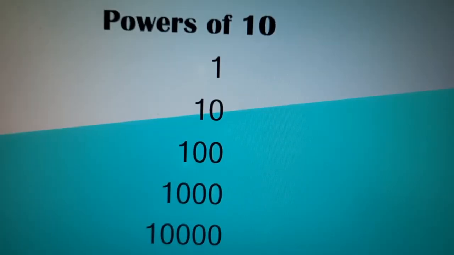You are given some examples of powers of 10: 1, 10, 100, 1000, 10,000, 100,000, etc. Because these numbers can be written as powers of 10.